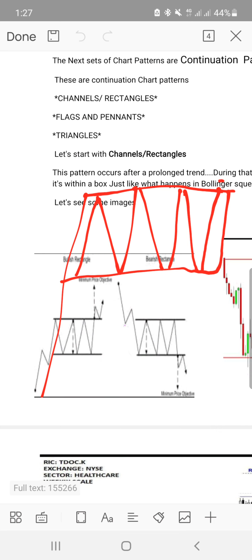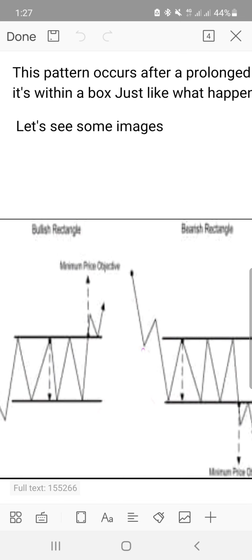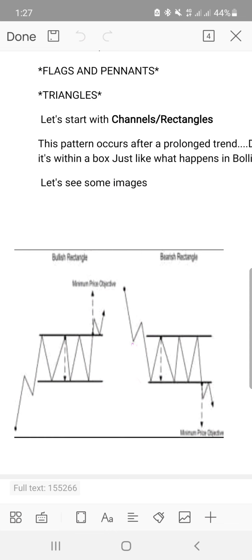There are those that will enter it immediately and ride up, and there are those that will wait for it to break out and come back and retest that previous resistance and form a support and continue going up, as we can see in this diagram here, where price broke out from the range and came back to retest and continue going up. So like I said, this is a continuation pattern.